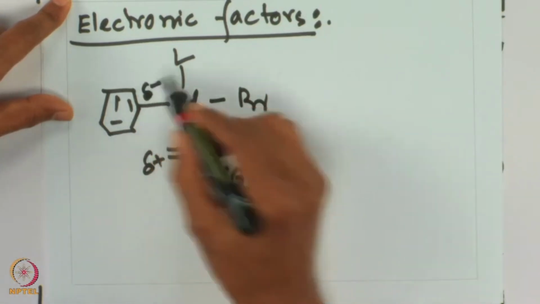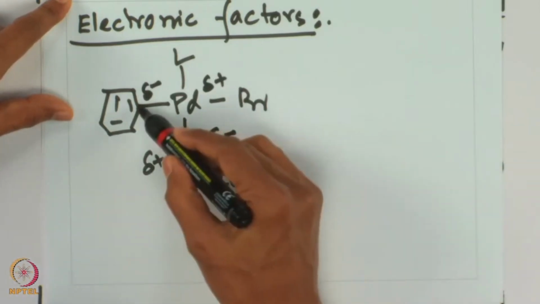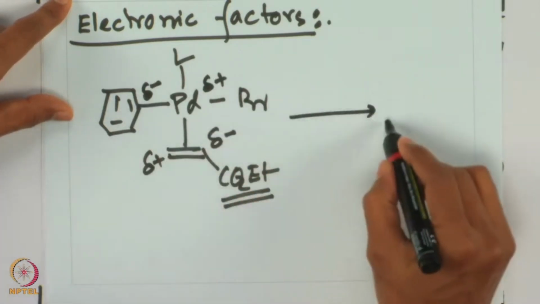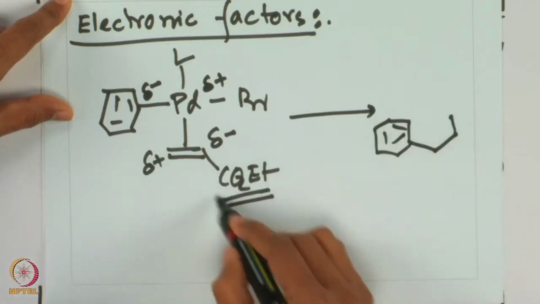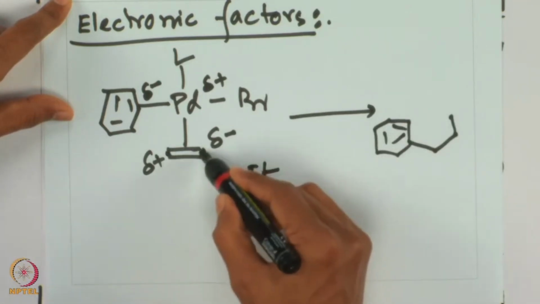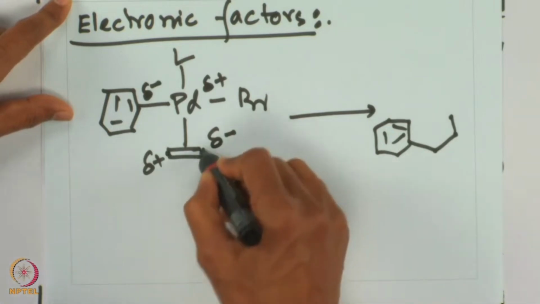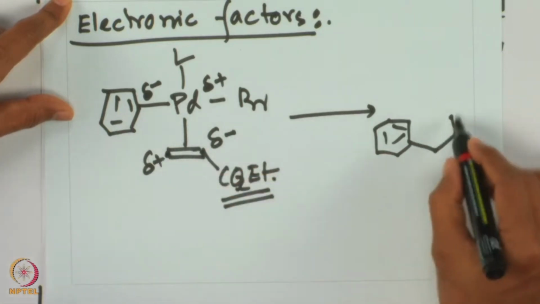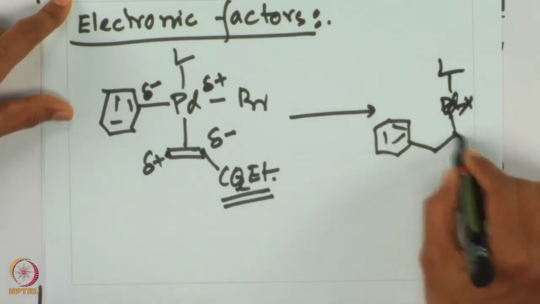So, the plus and minus will combine to give the product, and that is how you get the selectivity in terms of the less substituted position, as well as the electron withdrawing group containing carbon not getting substituted. The one which is positively charged is usually getting substituted by this process.